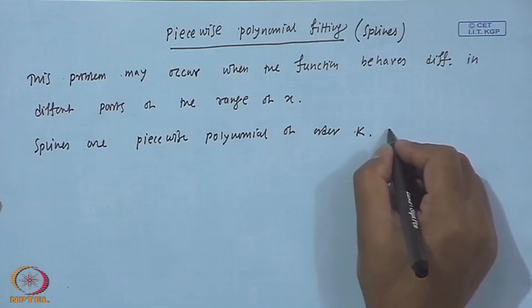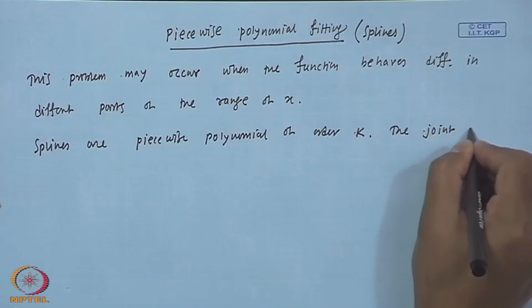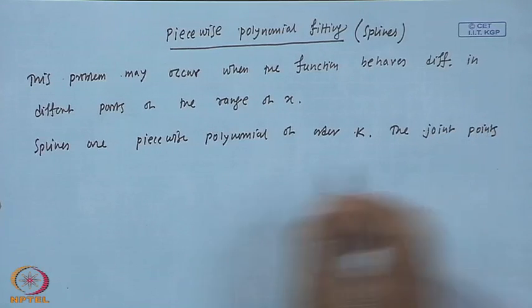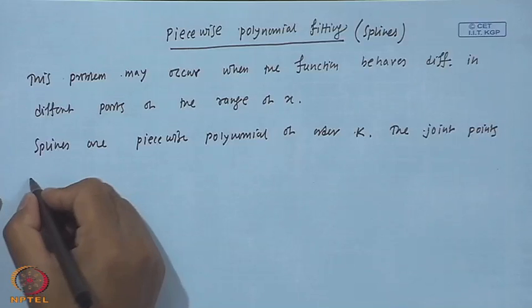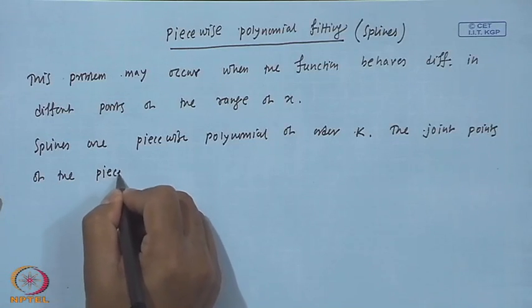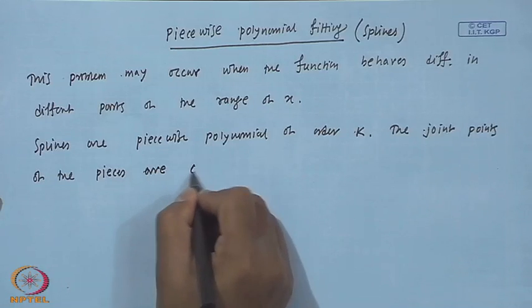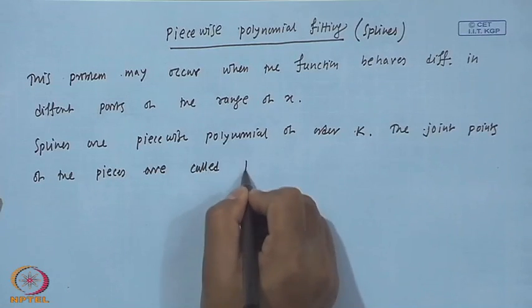And the joint points of the pieces are called knots.